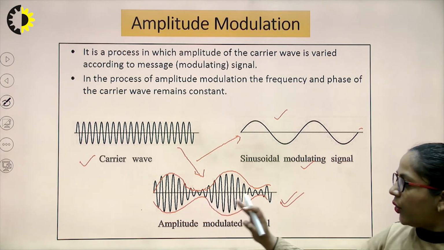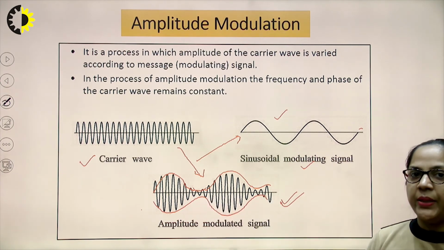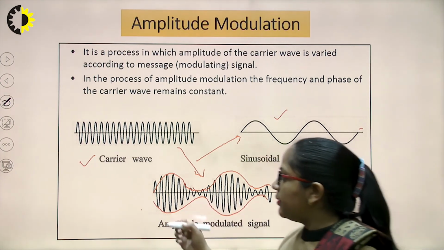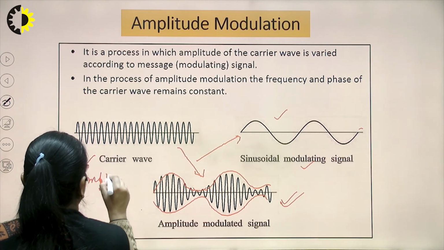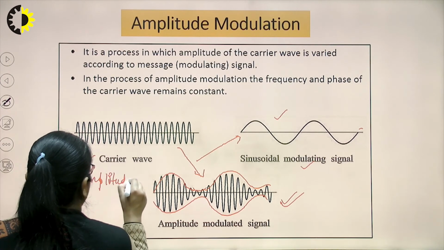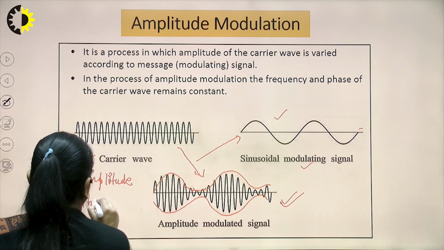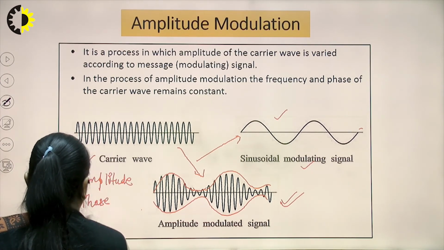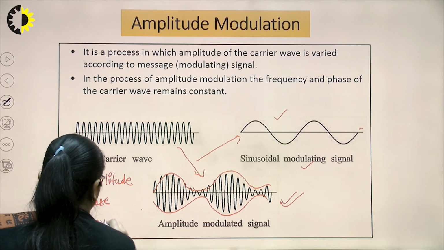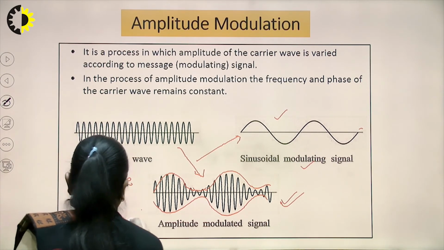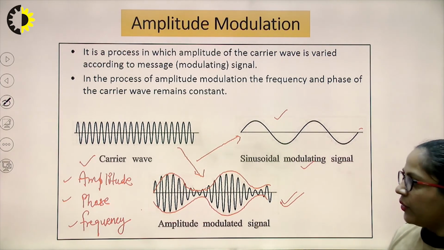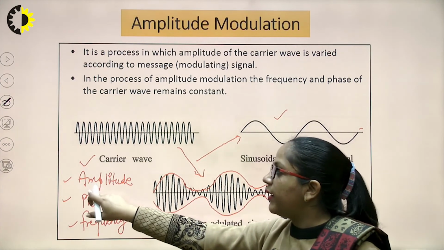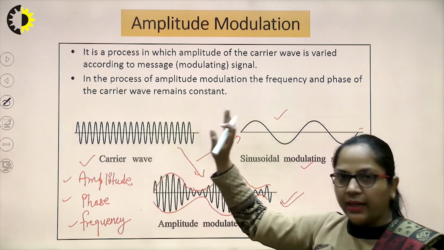In this modulation, we have three basic parameters that we can vary: amplitude, phase and frequency. So what are we varying? We are varying the amplitude of my carrier signal.